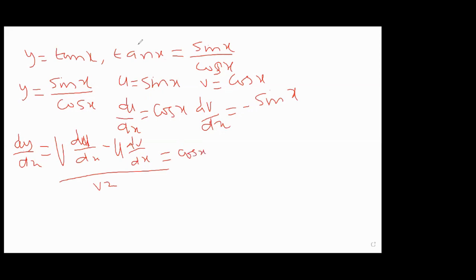Then we have cos x times cos x. Normally I will multiply out, but let me show you: cos x minus our u here, which is sin x, and our dv/dx is minus sin x.